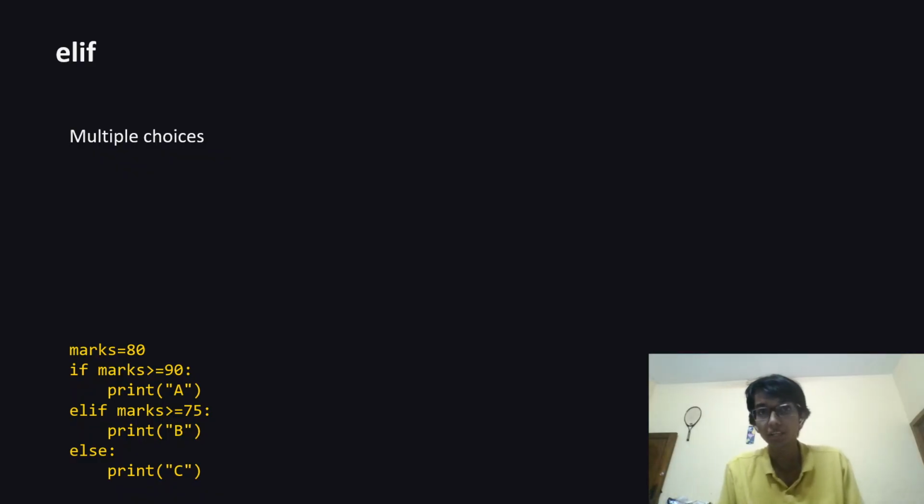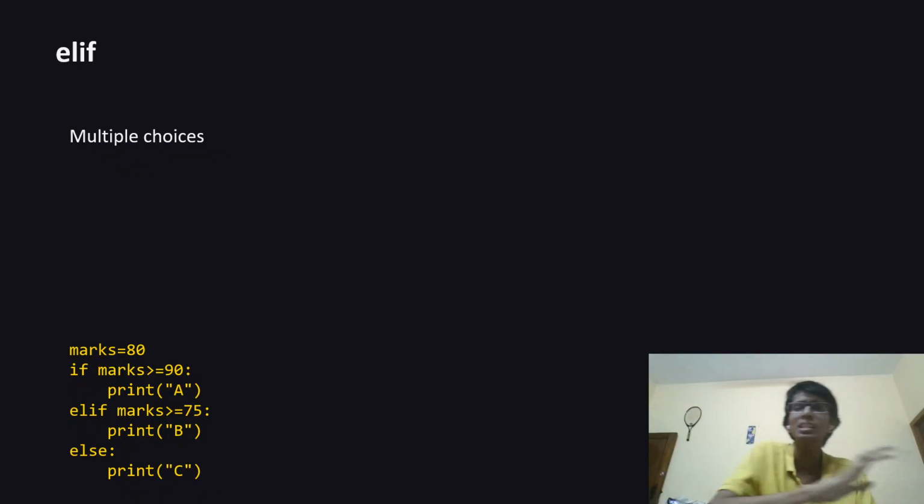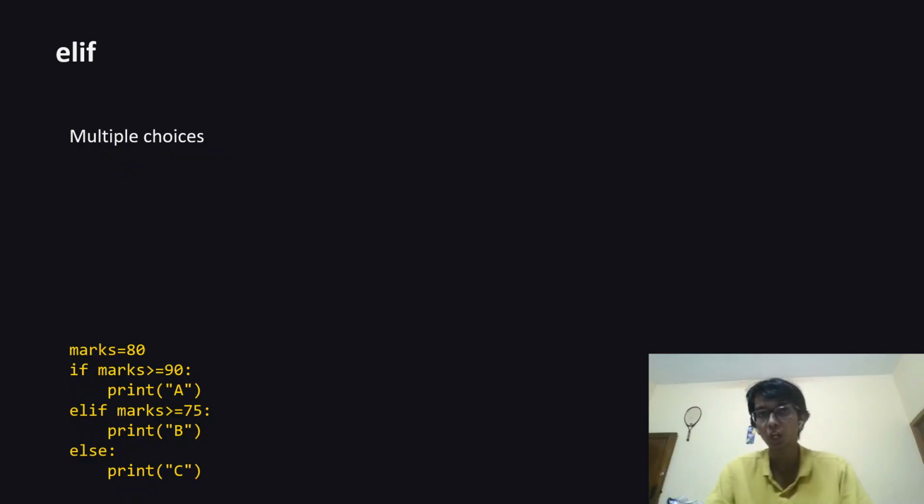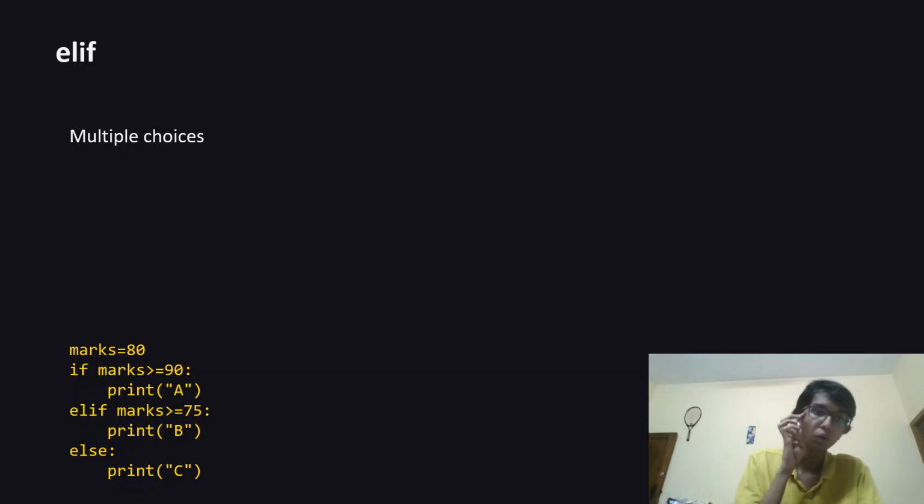It can be n number of elifs, depending upon the number of ways your program can be used. And at the end, to top it all off, when every other choice is wrong or not met, you have a final choice, which is else. Else is always the final choice, even in a code only containing if and else.